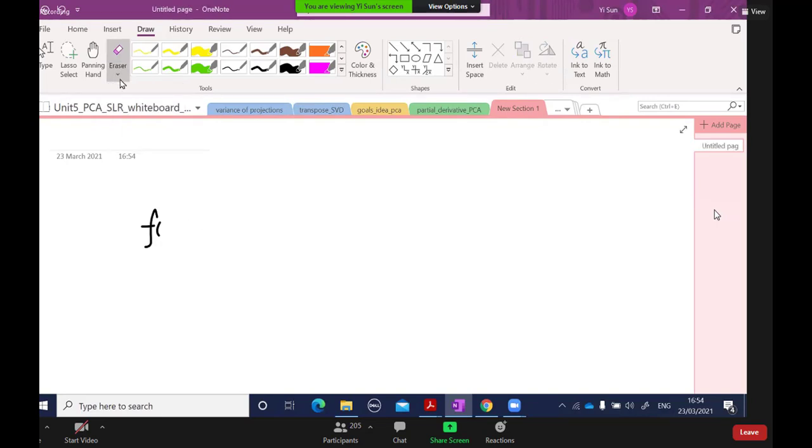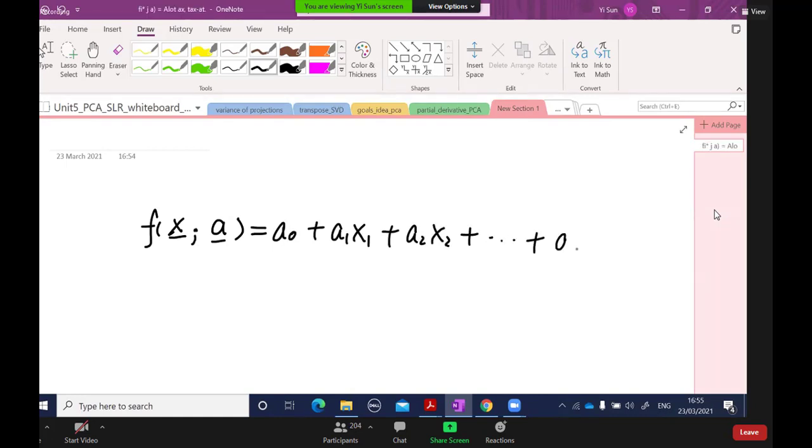Quite often, you will see it like this: f(x; A), where x is your data, and after the semicolon, A is the parameter. We use the semicolon to distinguish data from parameters. Now, A0 plus A1 X1 plus A2 X2. I'm not going to write all of them, but you should. A13 X13.